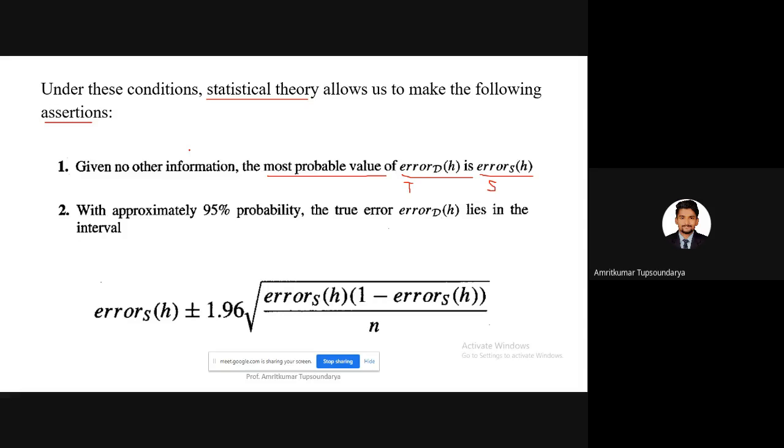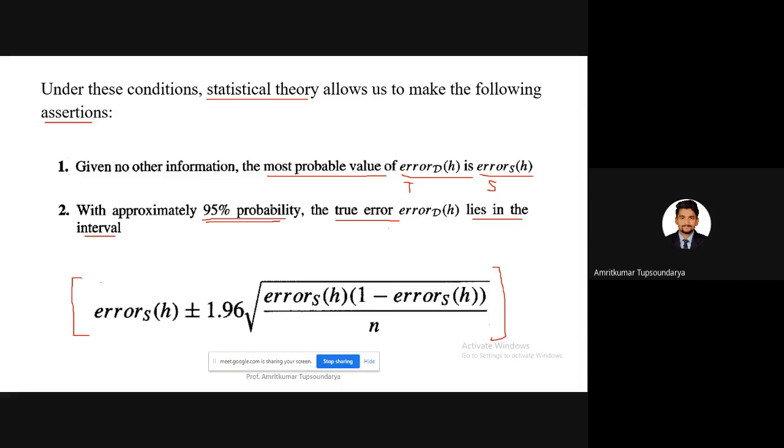Another assertion with respect to the statistical theory here is that with approximately 95% probability, the true error D of h lies in this interval.